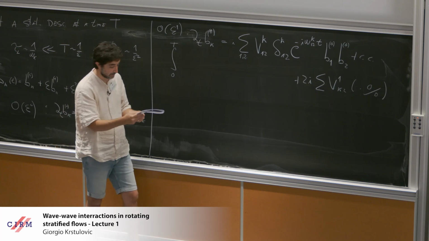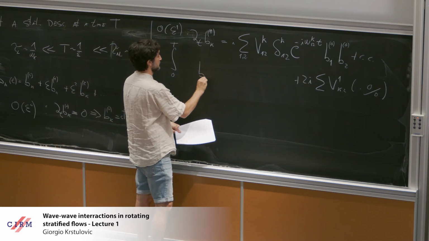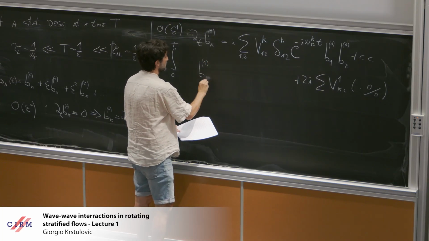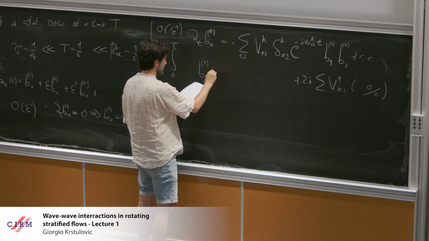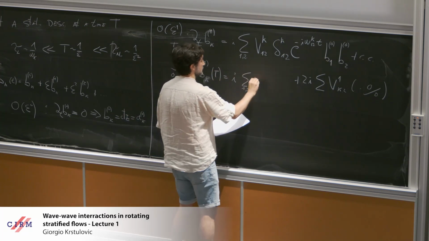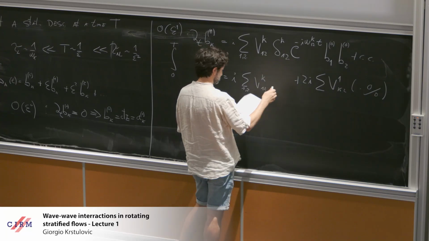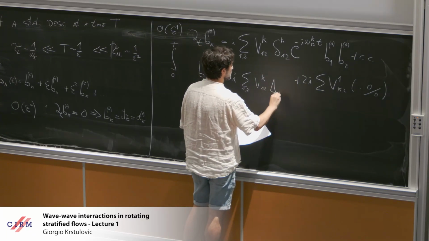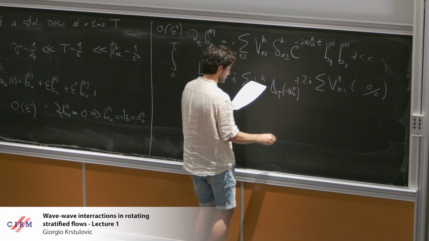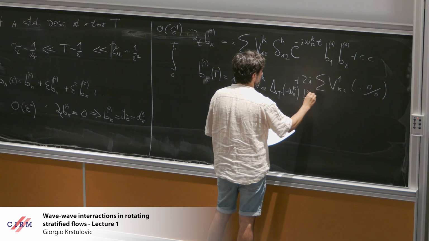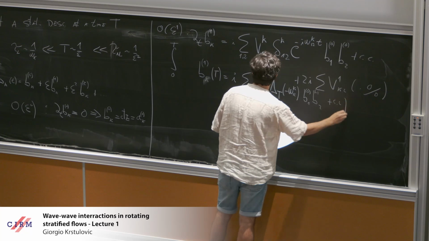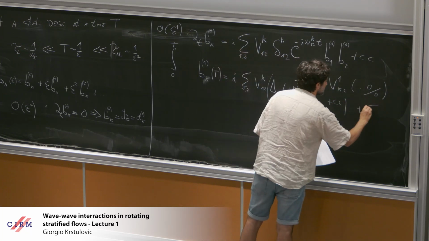And just get that B1, sorry, B_k at time t, something I will call delta t minus omega k 1, 2, of B0 1, 2, plus complex conjugate, plus yet the other term.